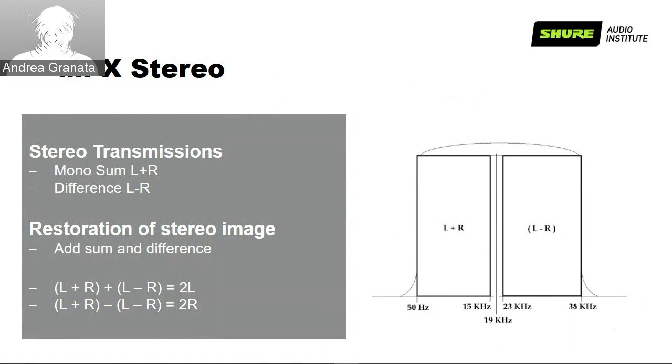Boosting the high frequencies, we may create some problems at the brick wall filter and eventually at the tone key. The result would be a stereo image that collapses. This is why on most in-ear monitor systems you may find an EQ like a high frequency boost. In this case, it's much better to boost the high frequencies at the receiver stage than at the transmitter.